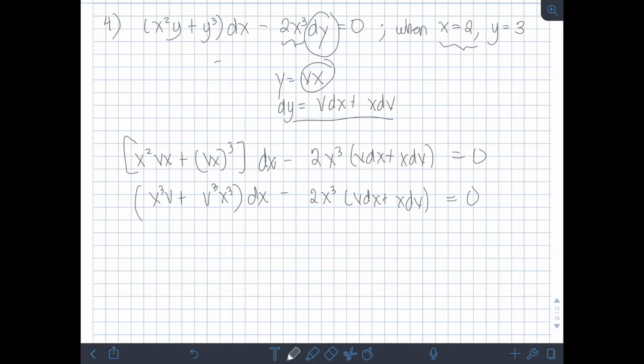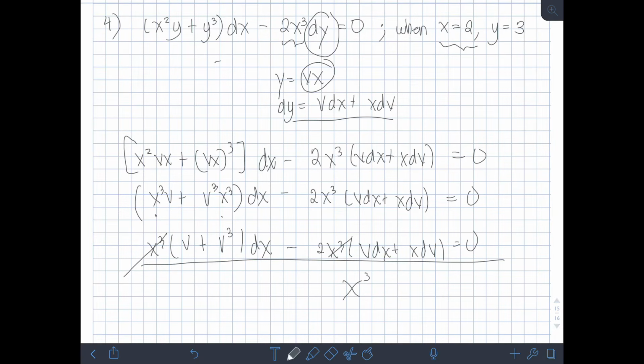Okay? Ngayon, factor out natin dito si x cubed. So, parang x cubed times v plus v cubed dx minus 2x cubed v dx plus x dv equals 0. So, pwede nating makancel itong x cubed by dividing both sides by x cubed.